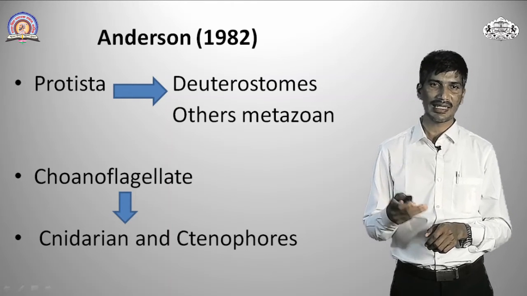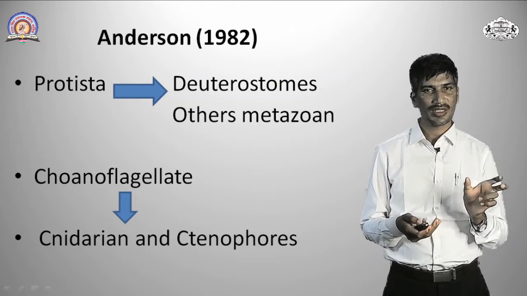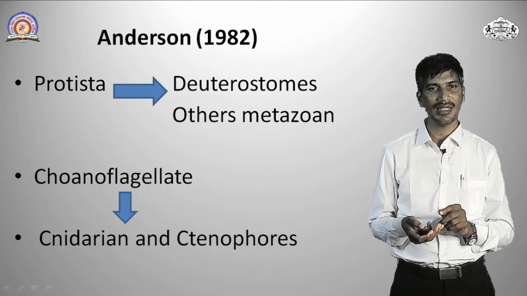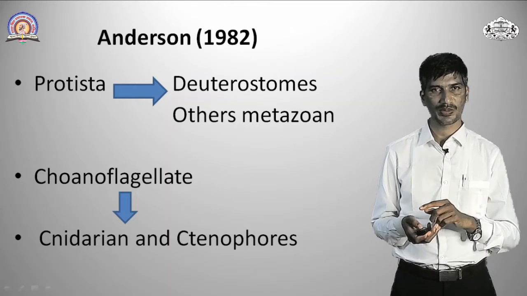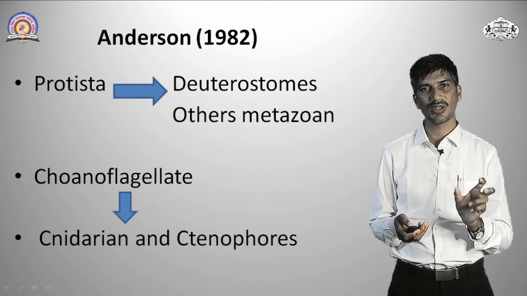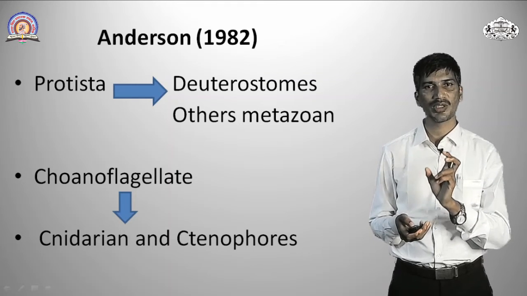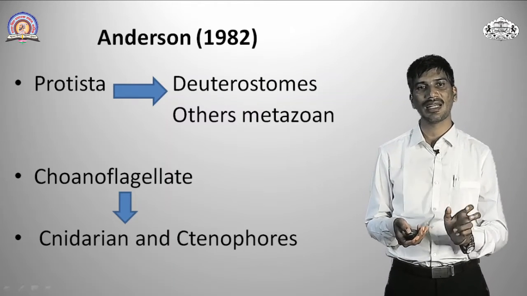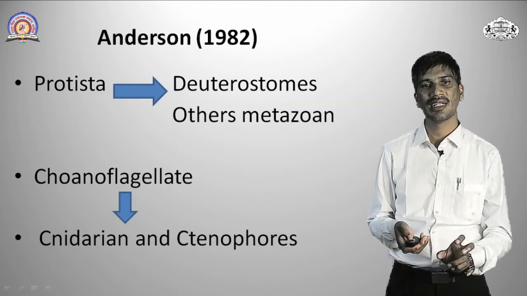But he also suggests that the choanoflagellate animals actively participate in the cnidarian and the ctenophore groups. That means his dual view is that one protistan group participates in the origin of the deuterostomes and other metazoans, and the choanoflagellate group actively participates in the origin of the cnidarian and the ctenophore groups.